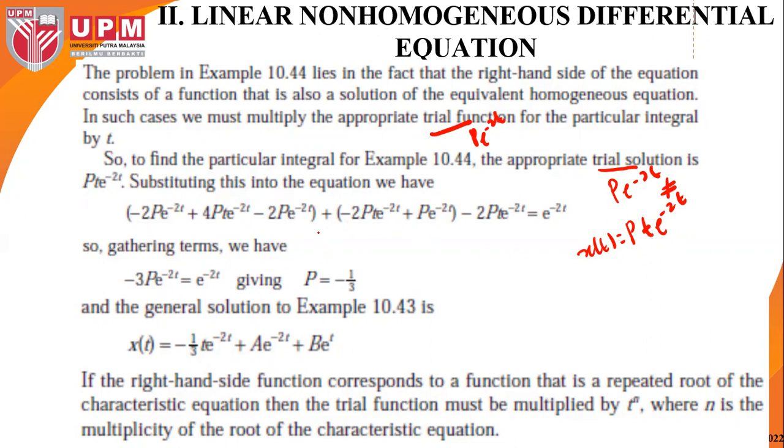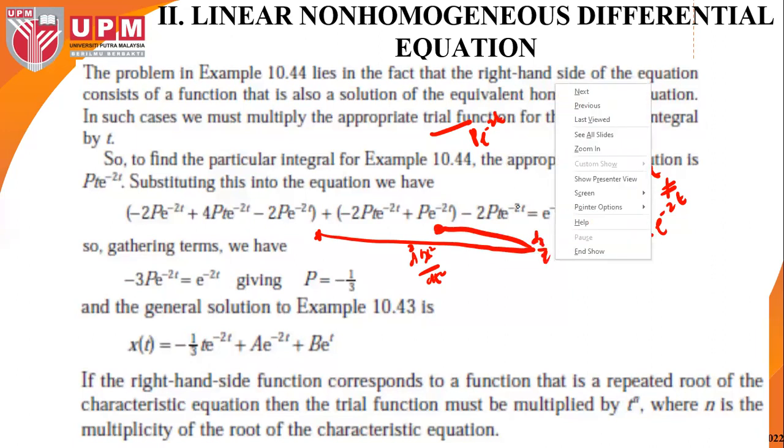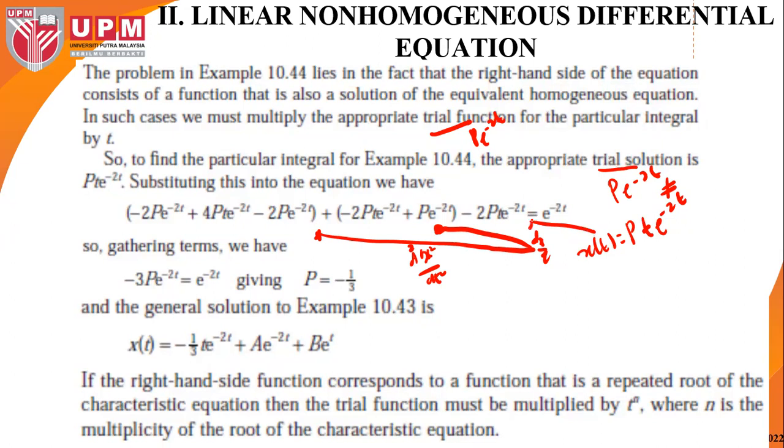Now if you double differentiate this one, you will get this one. So you differentiate 1 time, you get this one, and this one the x(t). Okay, from here you simplify it, then you can solve the problem.